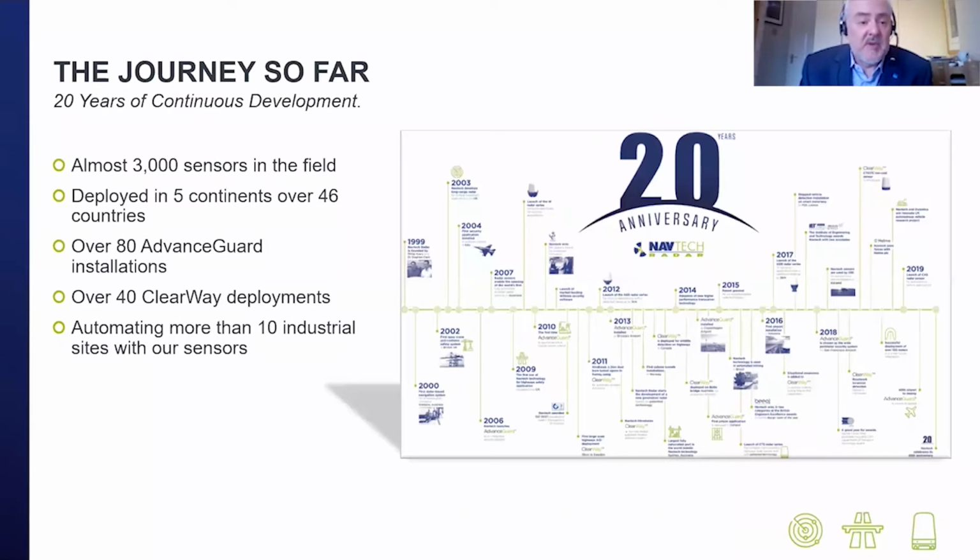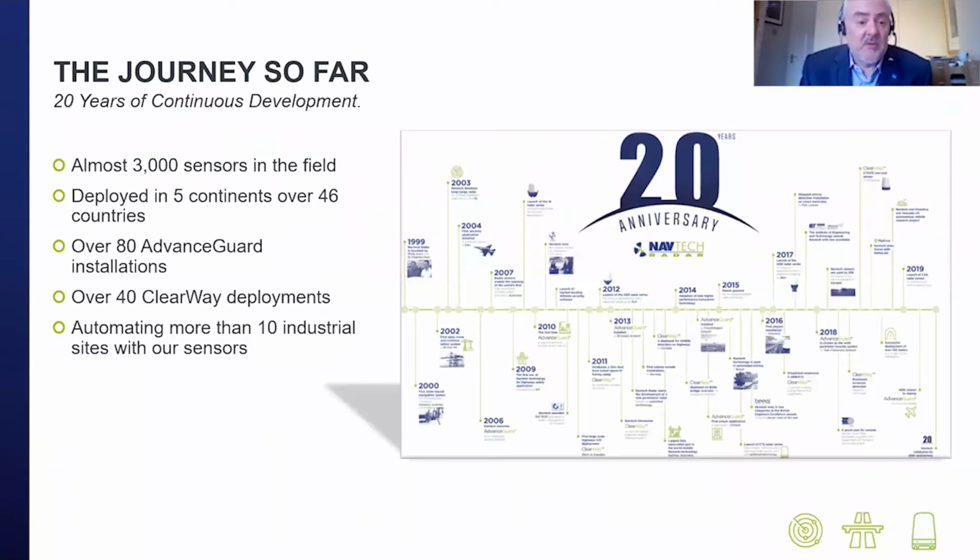The first is the Advanced Guard business, which is more the security type applications using ground-based radar for surveillance. The Clearway side of the business developed radars which are used as safety devices for stopped vehicle detection, collision detection, and that type of thing on highways, but also in tunnels and bridges.